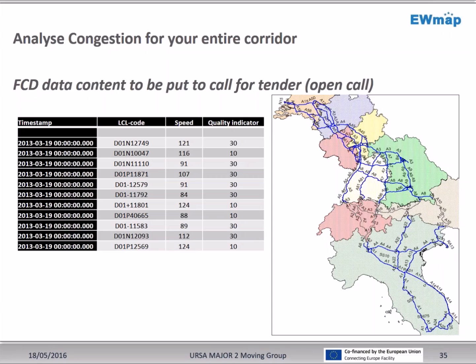From this data we construct an image of the congestion situation and the traffic problems that we have on our corridors, and then of course we can relate this to the operating environments or sections, and make statements like the percentage of congestion that we address by our services.